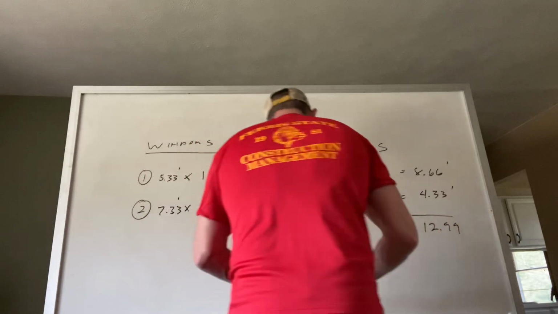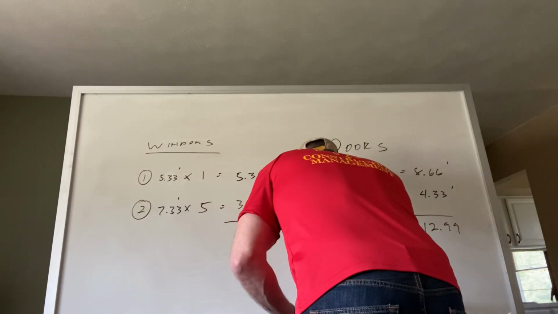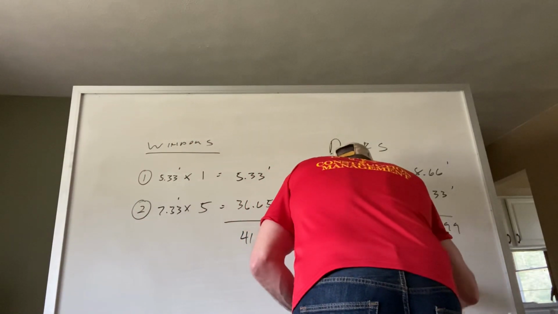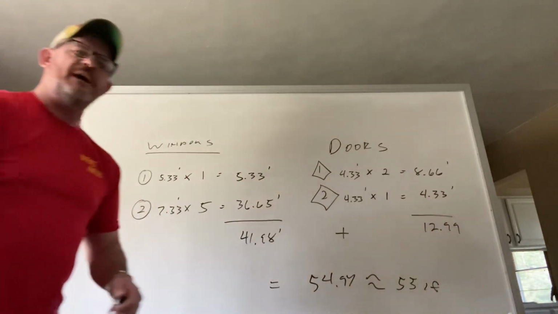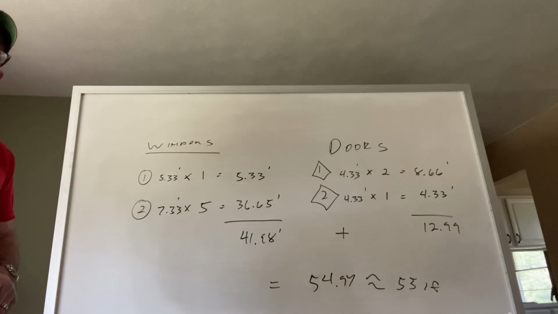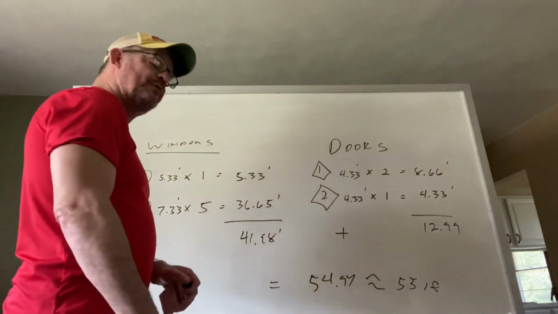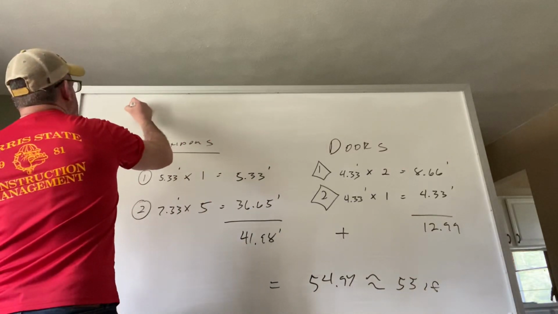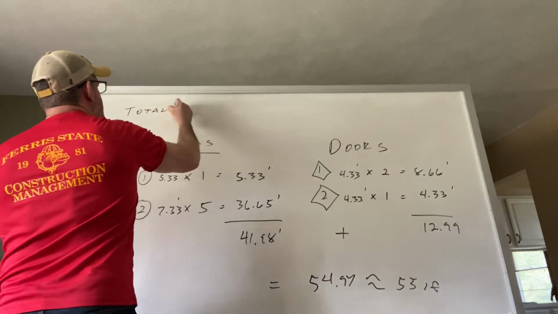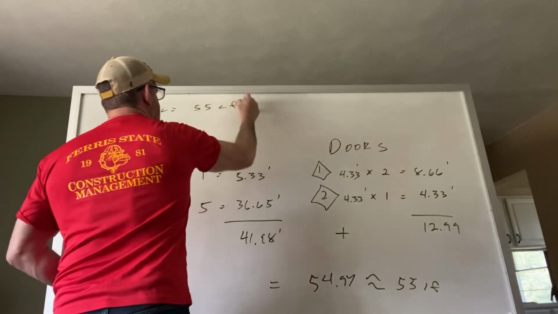So I get a total of 54.97, or 55 lineal feet. So we've got 55 lineal feet of width for my openings. Total equals 55 lineal feet.